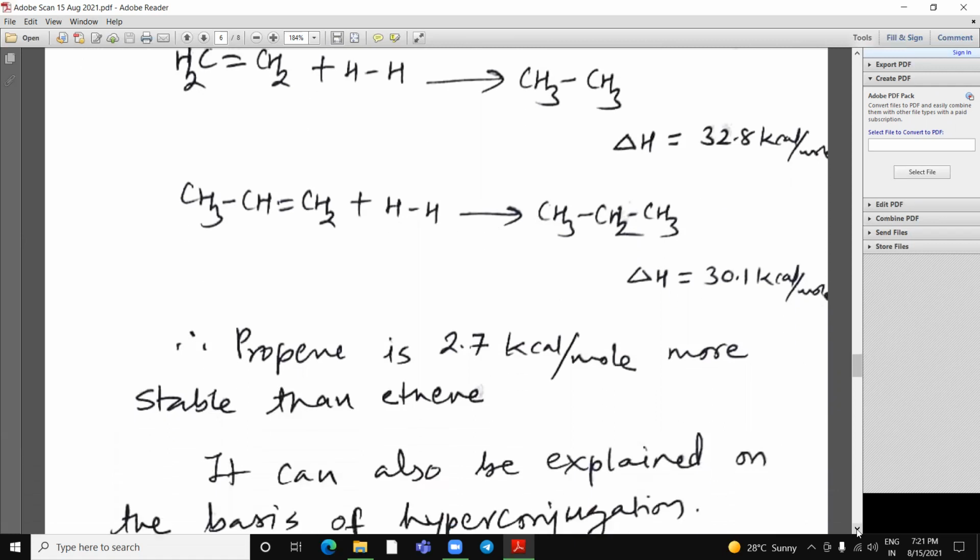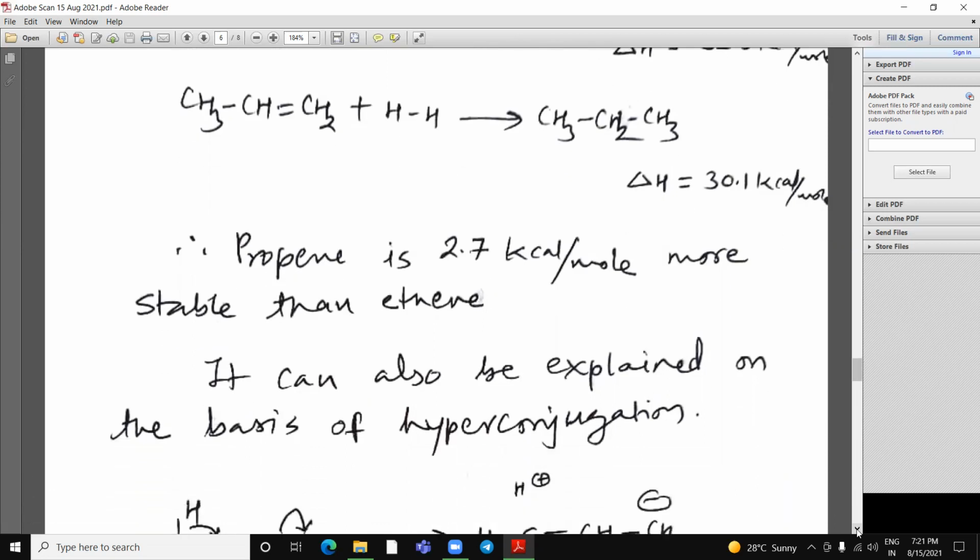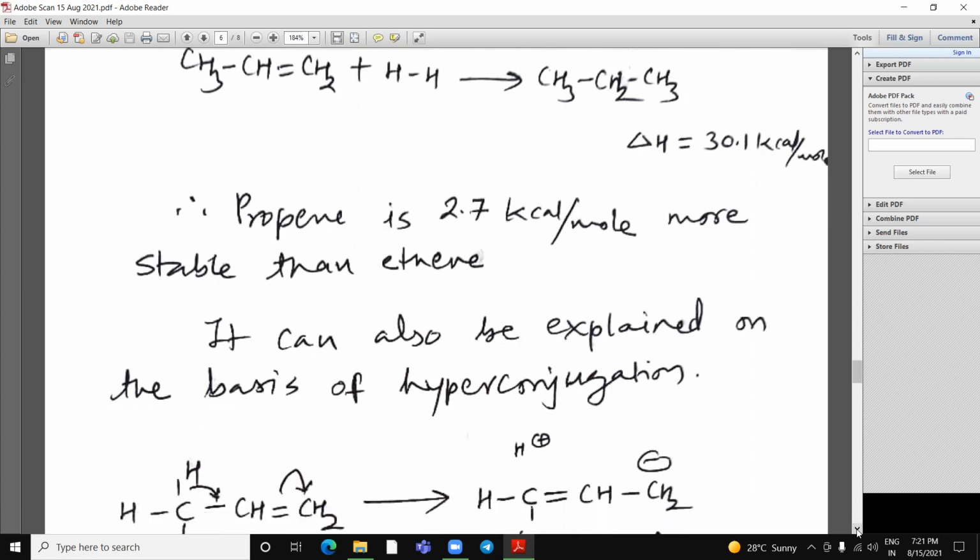So here, propene has a delta H value lower than ethene. So propene is more stable compared to ethene. In other words, propene is 2.7 kilocalorie per mole more stable than ethene.